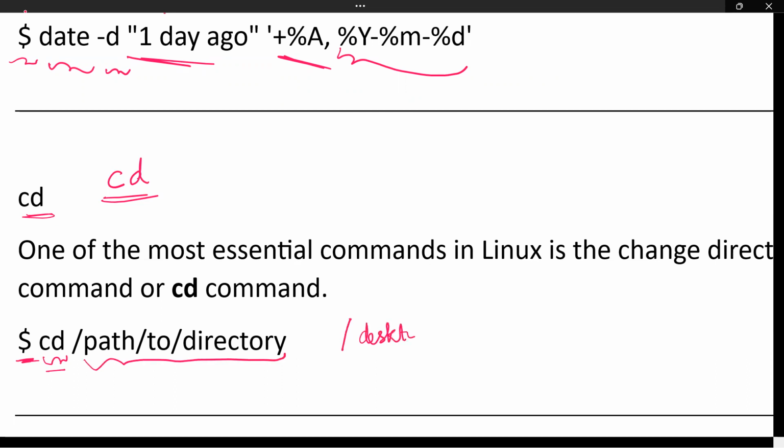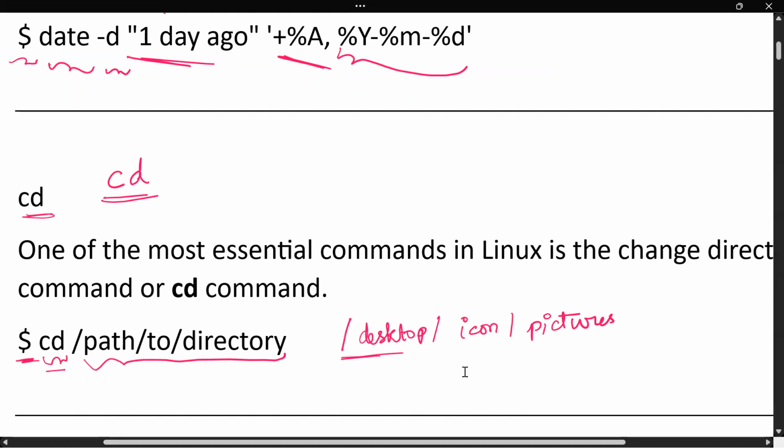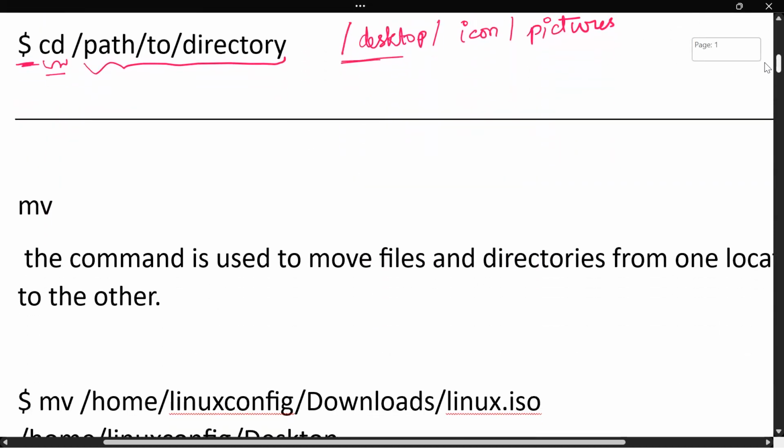Likewise, whichever we need, like desktop icons or pictures, whichever path we need to change our directory to, we can use change directory. This is what we generally call a change directory.